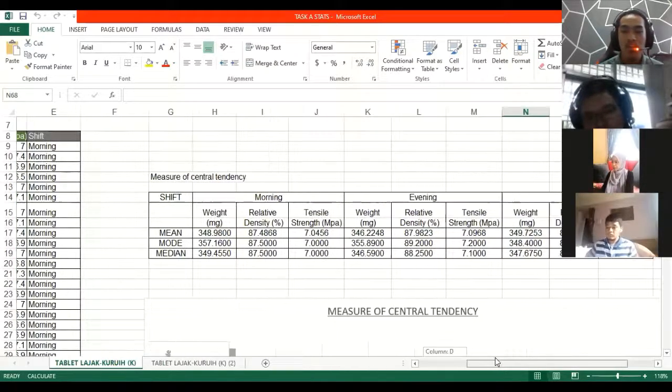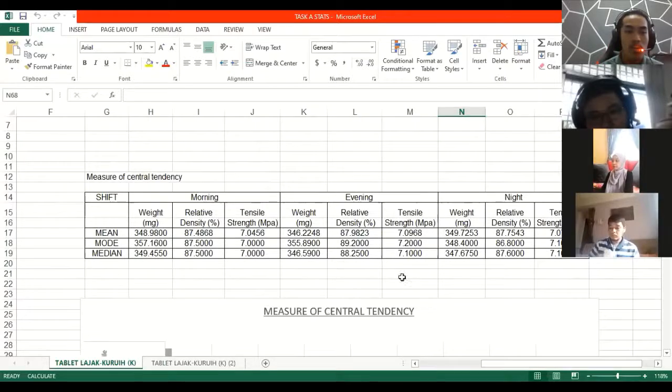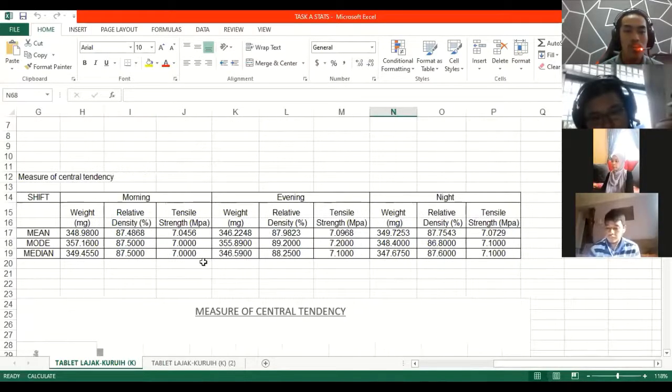And then we calculate the mean, the mode, and median for each shift, using the Excel formula, which is mean, the sum divided by the number of samples, mode, which is the highest one in the data sample, and the median, which is the middle one, for each parameter, which is weight, relative density, and tensile strength. So this is the result that we get.